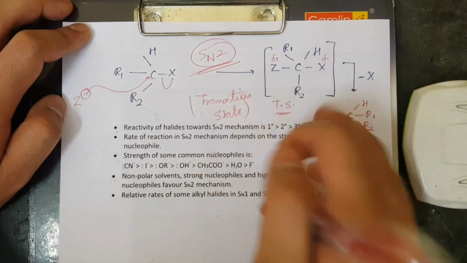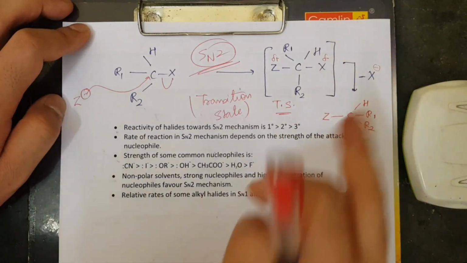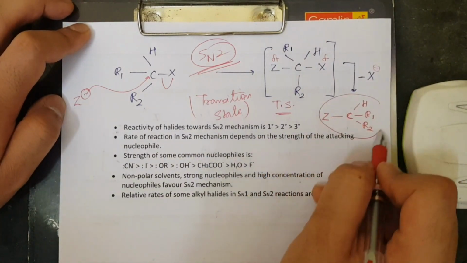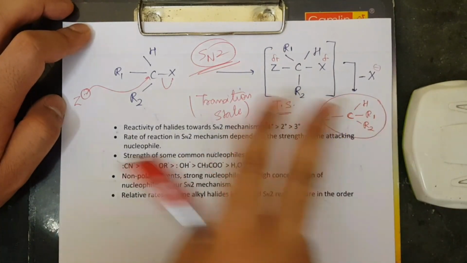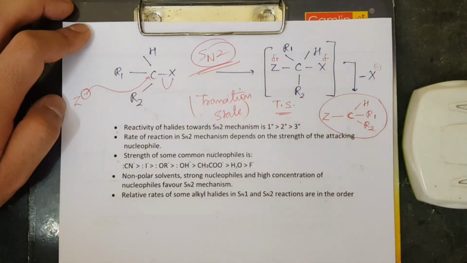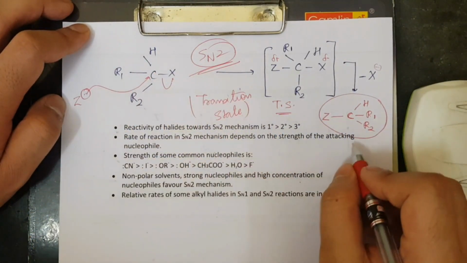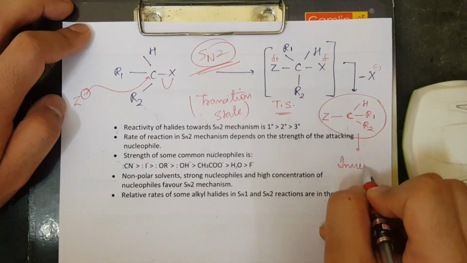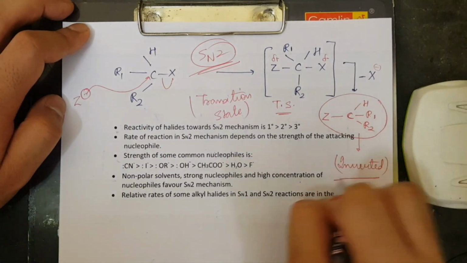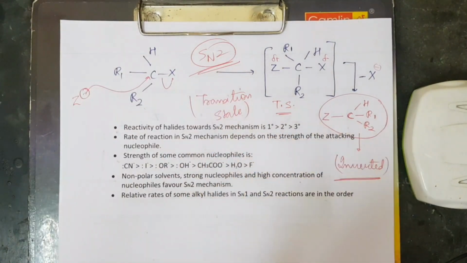So we have the removal of X minus from here, and we get the formation of this product which has the inverted configuration of the initial one. So the inverted product is the major one. You can see that inversion occurs here.